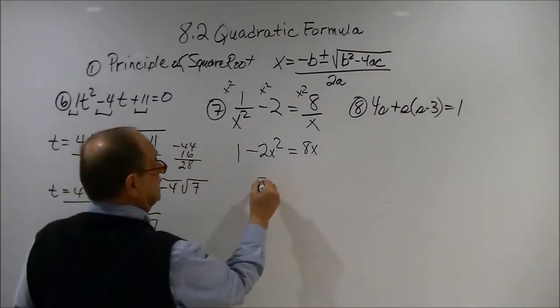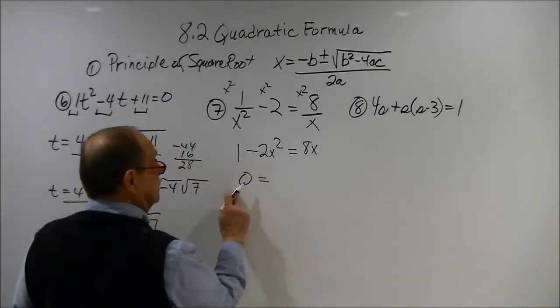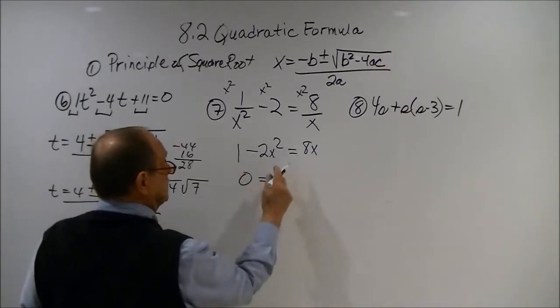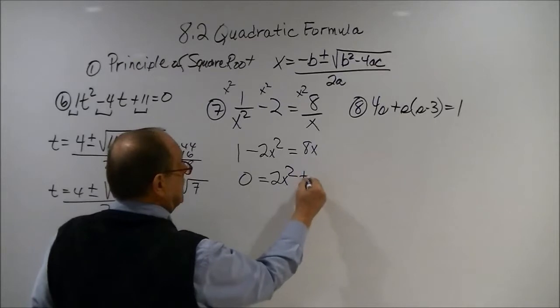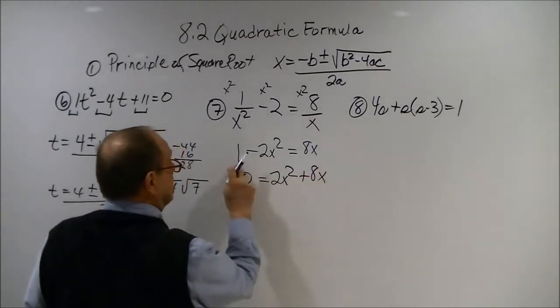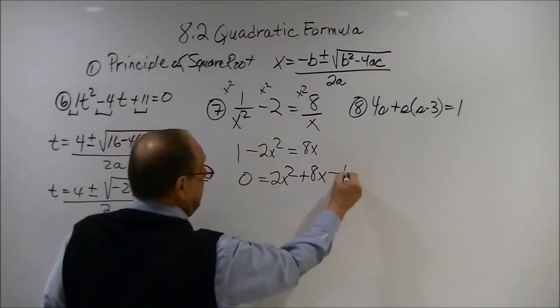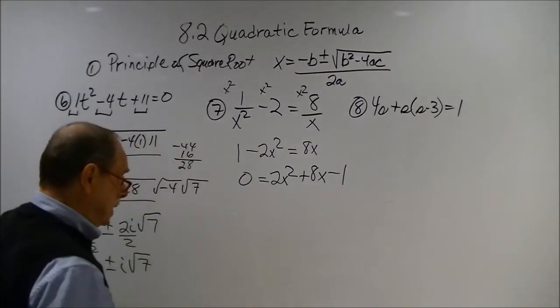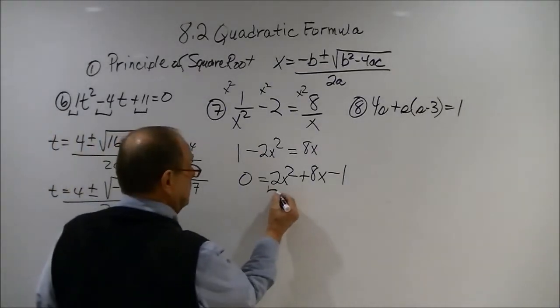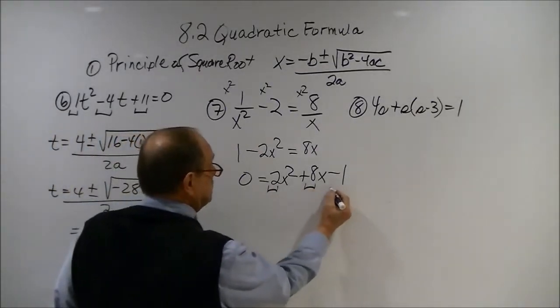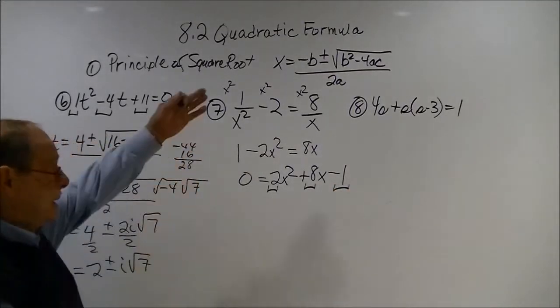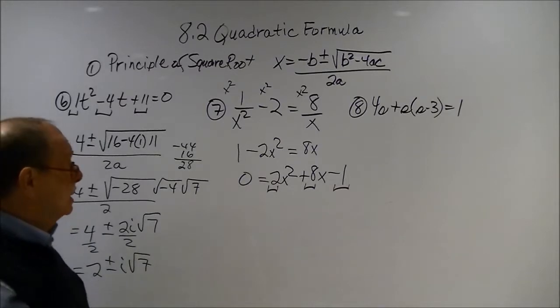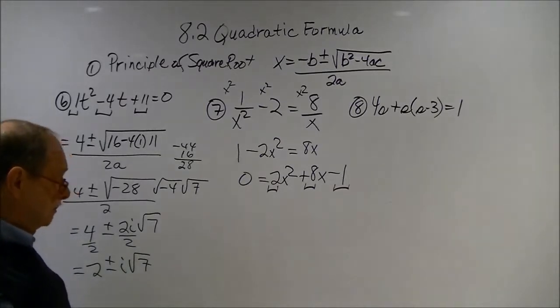So to put this in standard form, I'll put the 0 over here, bring this over as 2x squared. I have a plus 8x, bring the 1 over as a negative 1. And then there I have now, there's my A, there's my B, and there's my C. You need to put it in the quadratic formula.